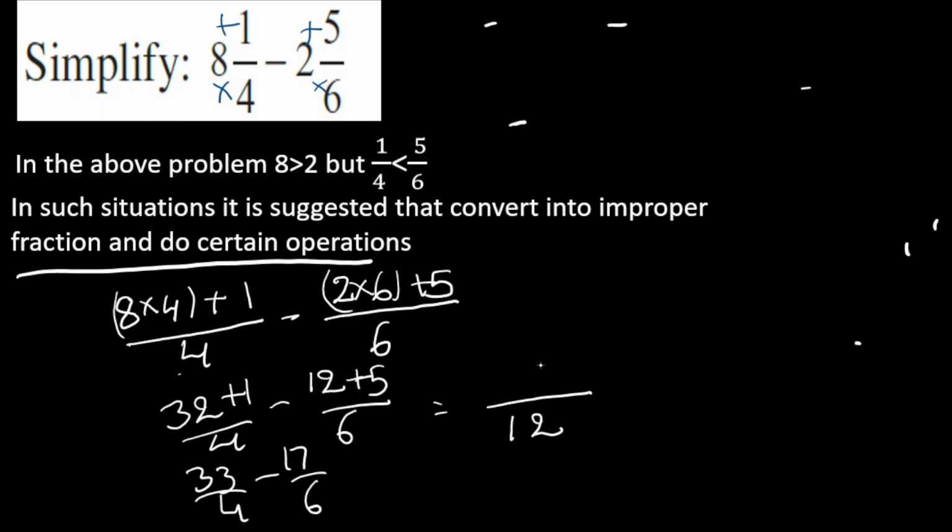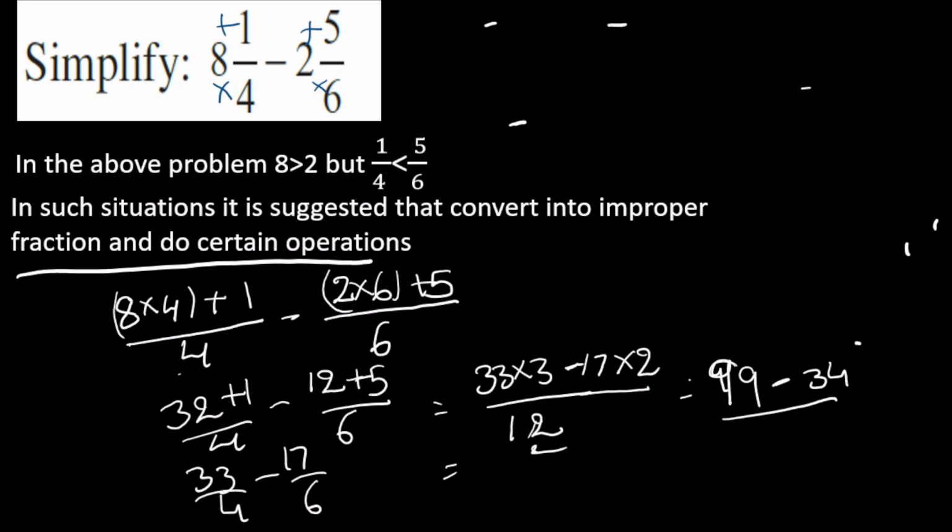And here 4 will go in 3 times in 12. So 33 into 3, we can directly multiply the numerator with 3, and here 6 will go in 2 times, so we can directly multiply the numerator with 2, and here it is nothing but 99 minus 34 by 12, and this is nothing but 65 by 12.